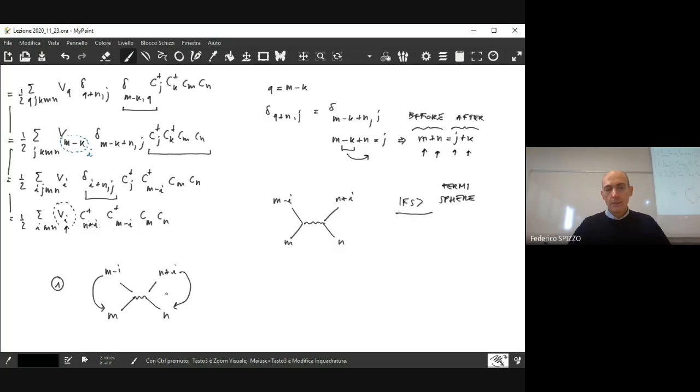So you destroy two levels, you create new levels, but the levels you create are exactly the levels you have destroyed. So in this case, I is equal to 0 because m has to be equal to m minus I and n has to be equal to n plus I.